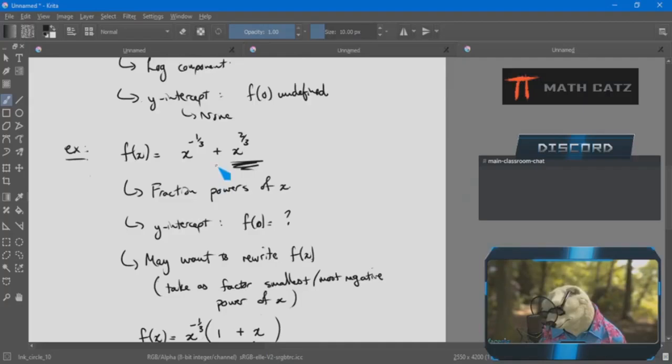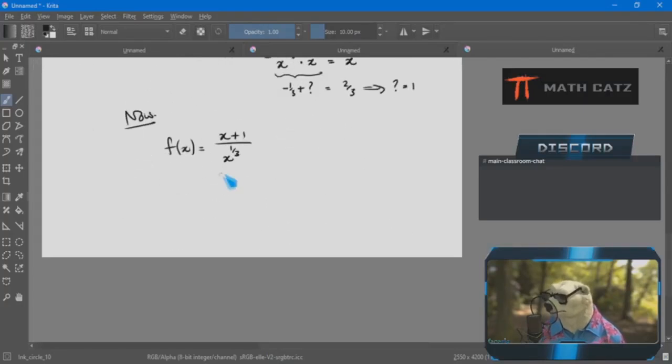It's not a rational function because the bottom one is not a polynomial, but it actually has a lot more in common with a rational function than anything else. You can also write x plus 1 over cube root of x. You can swap those around, right? Depending on what you're more familiar with.